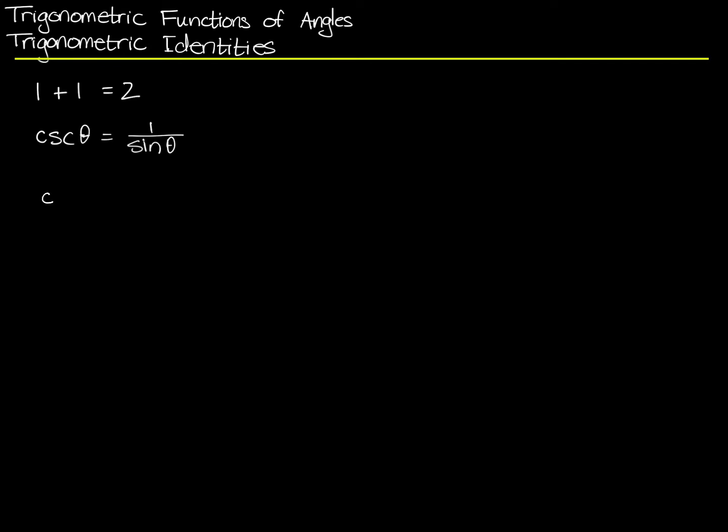Let's start with the idea that the cosecant of theta is defined as hypotenuse over opposite. And then let's say, well, I can write hypotenuse over opposite as 1 over opposite over hypotenuse. And then let's say that that's 1 over, well, opposite over hypotenuse is the very definition of sine of theta. And there I have it.